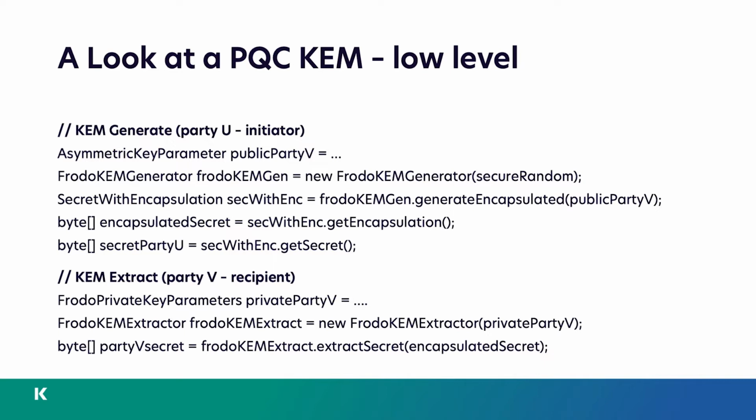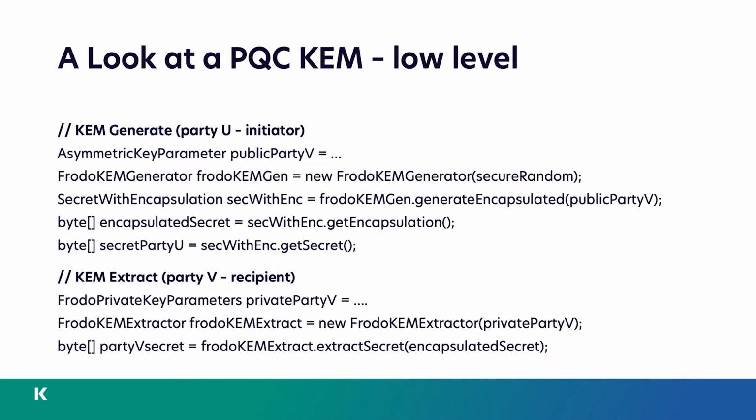And party U actually uses that with a Frodo KEM generator to actually generate an encapsulation using public party V, party V's public key. Now, the secret with encapsulation that's returned, as you can see, is one part encapsulated secret, which is just a byte array, and then the actual secret itself is also just a byte array, with its length determined by the security strength of the actual KEM parameter set that you're using.